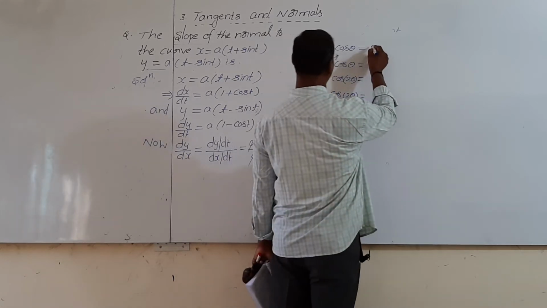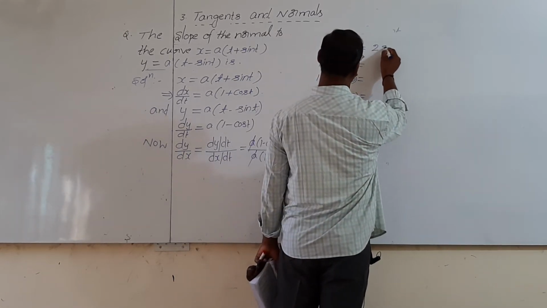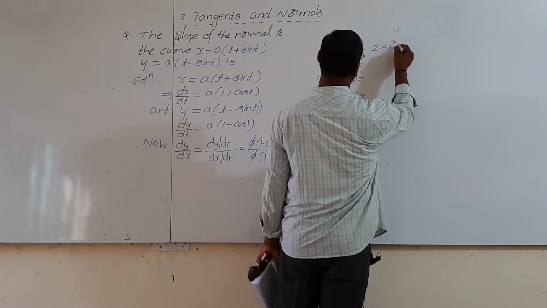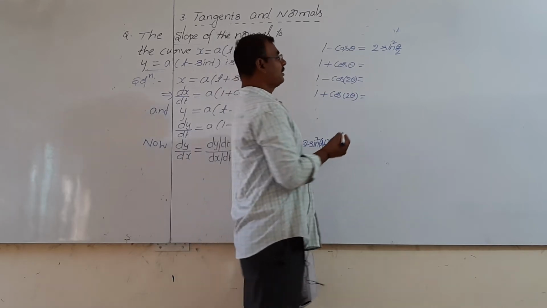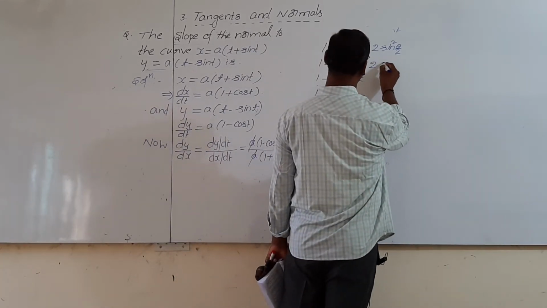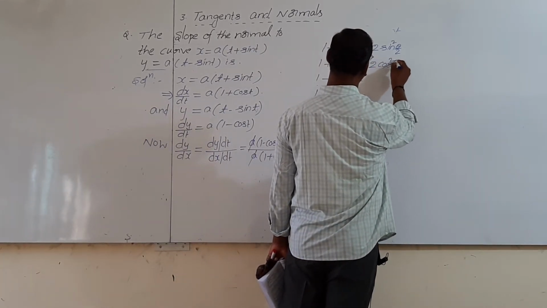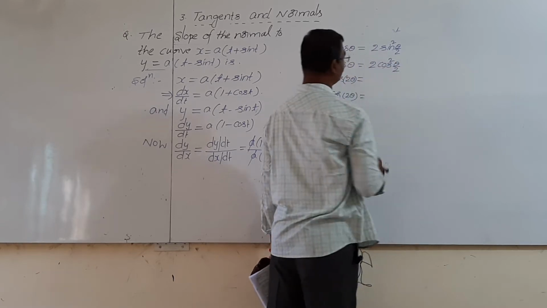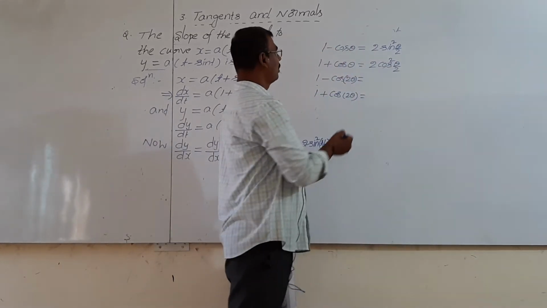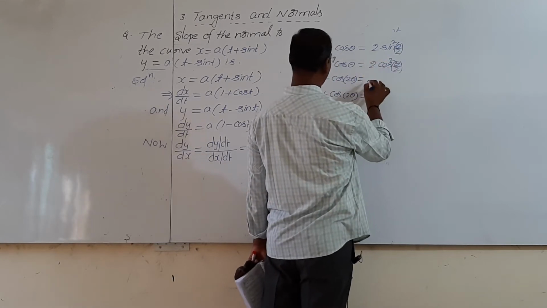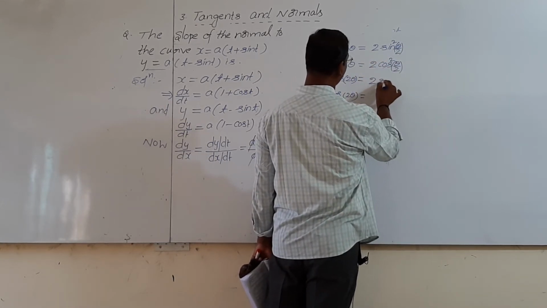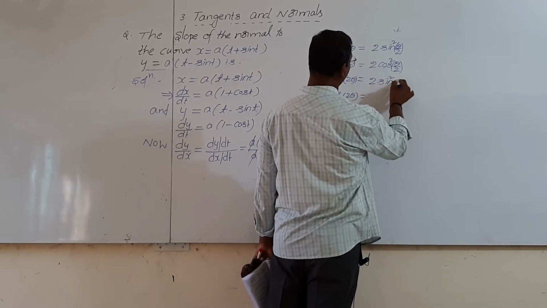We know 1 minus cos theta, the half angle formula, is 2 sin square theta by 2. 1 plus cos theta formula is 2 cos square theta by 2. So this is the half angle formula. 1 minus cos 2 theta is 2 sin square theta.